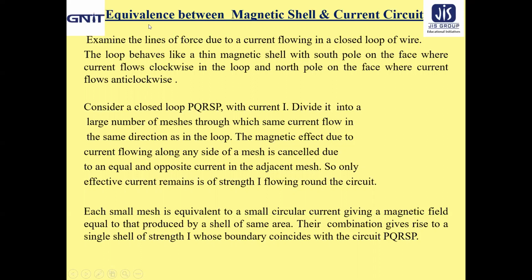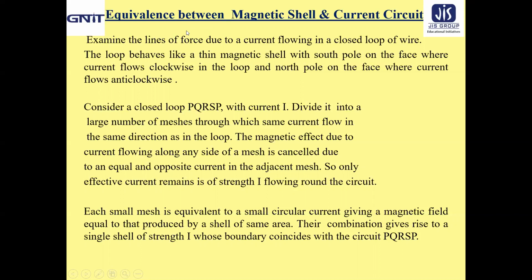I already told you from the very beginning that in magnetostatics, we also compare each and every point wherever possible with electrostatics. In the last class, from Biot-Savart's law we got the idea that no isolated magnetic monopole exists. That means magnetic lines are closed lines.